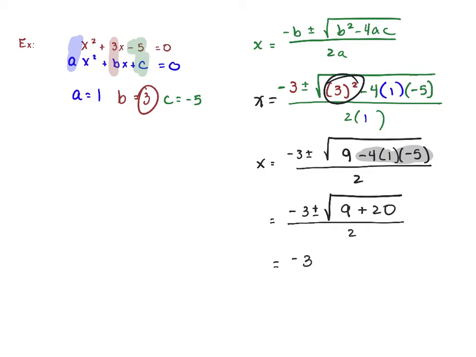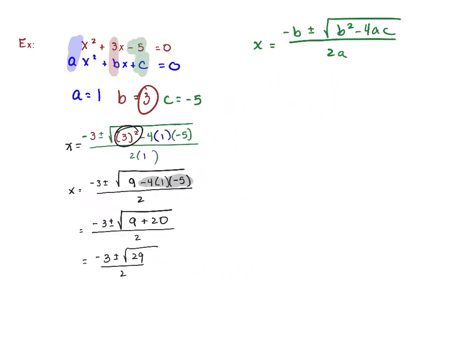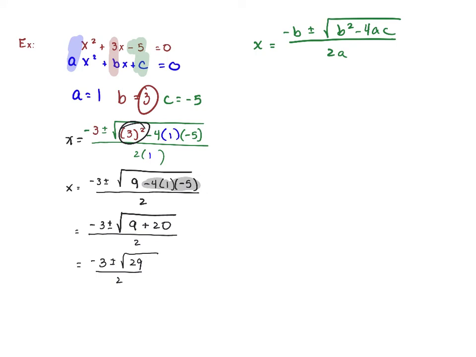And we are done. 9 plus 20 is 29, all divided by 2. There's our two answers. Now, what you will see sometimes is this answer written a little bit differently, but for our purposes, the way it's written right now is just perfect.